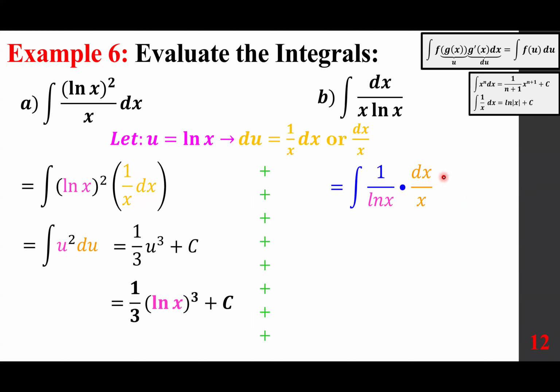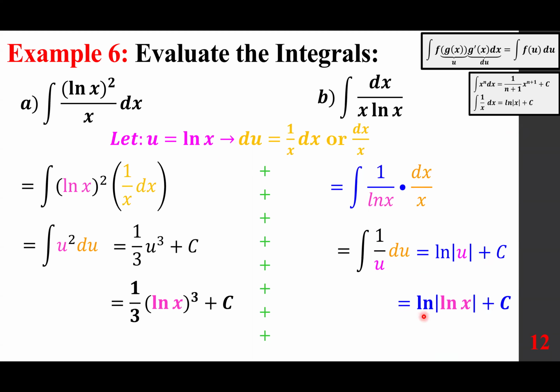So not a big deal. So this is 1 over u and this is du. Now 1 over u follows the log. So this itself is a log. So ln of absolute value of u plus a constant where u itself is ln x.